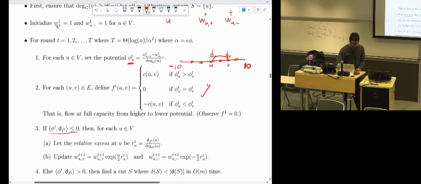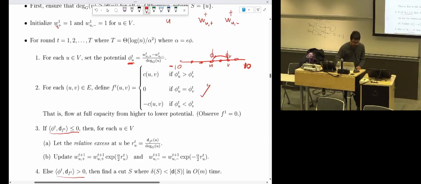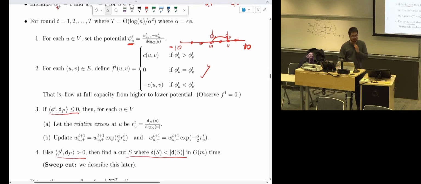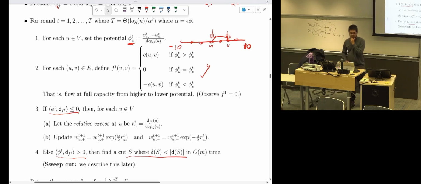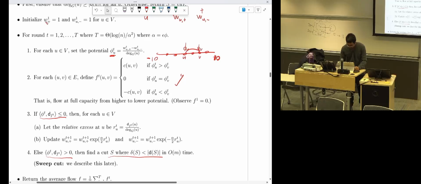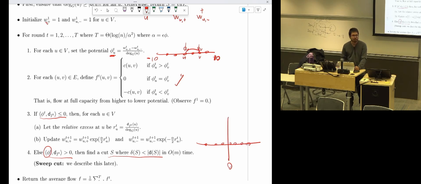Otherwise, if this is actually big, then I claim that there is a way to find a violating cut. I will describe this later. But you should think of it as somewhat intuitive. Put this onto a number line, and maybe 0 is here.